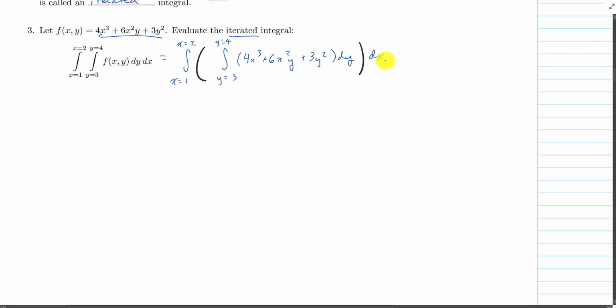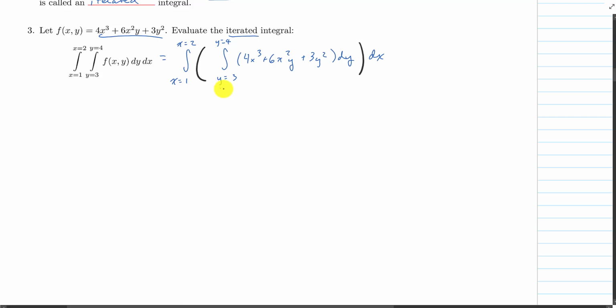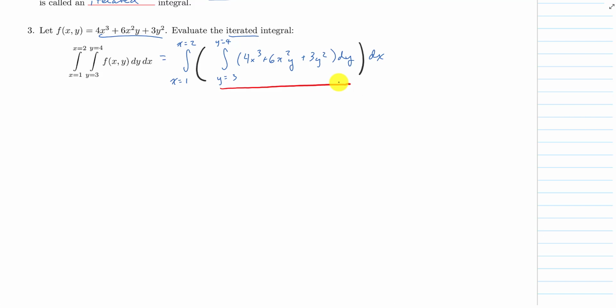So this is going to be sort of a lie, but I want to look at what we've got inside this iterated integral here, and that's just another integral, except that it's got both y's and x's in it. But as far as the independent variable y is concerned, those x's are just some fixed constant.